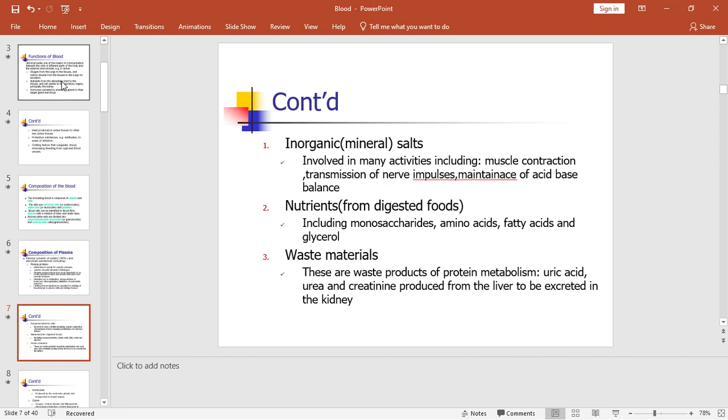The portal vein is basically the vein that's coming from the GI to the liver. When it comes from the liver, it's called hepatic.